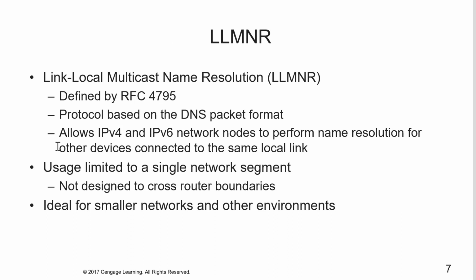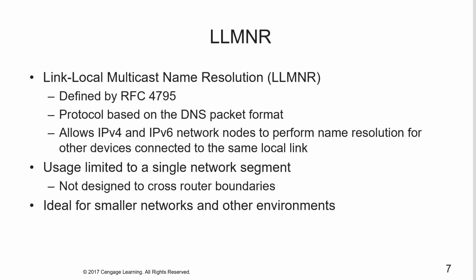So LLMNR, your Link-Local Multicast Name Resolution, is defined by RFC 4795, and it's a protocol based on the DNS packet format. LLMNR allows for IPv4 and IPv6 network nodes to perform name resolution for other devices connected to the same local link.